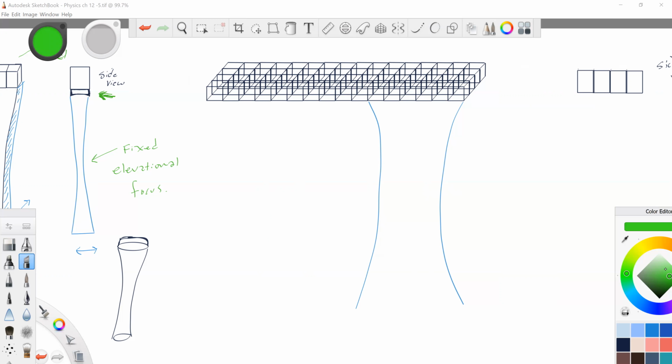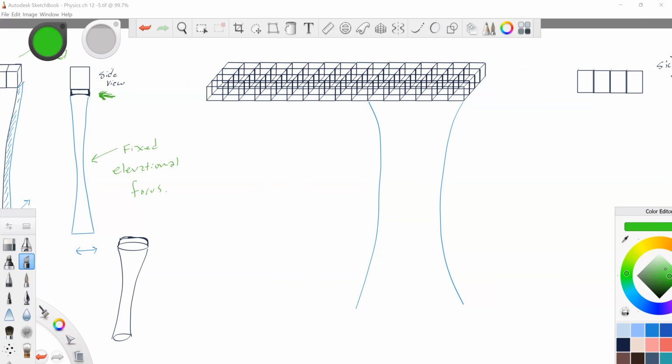So it is 2-dimensional, but they're holding off using the term 2D array because this one here is truly more of a two-dimensional array.